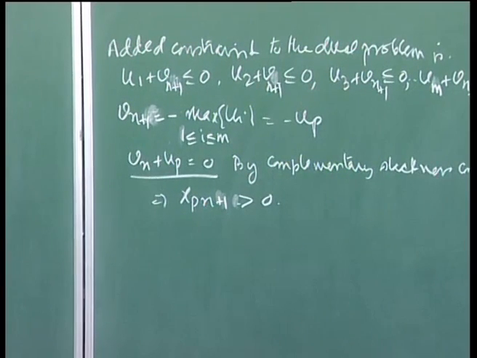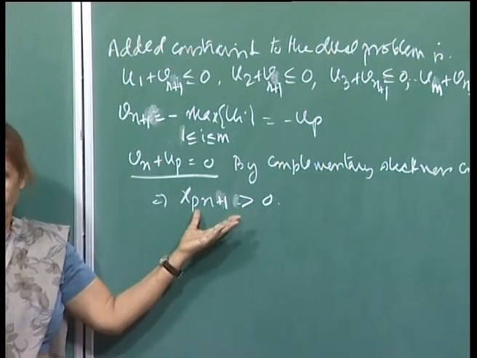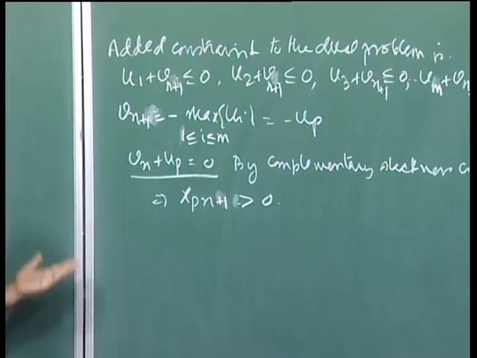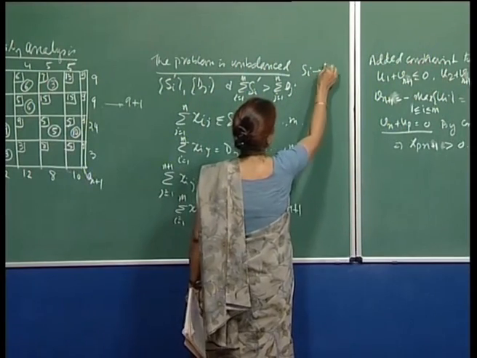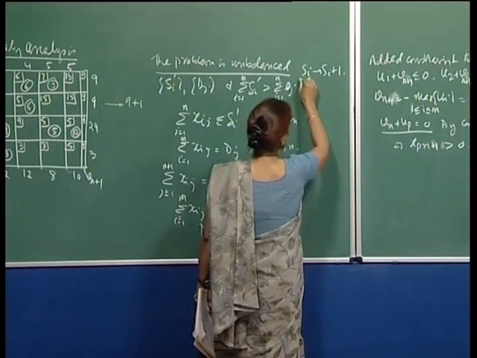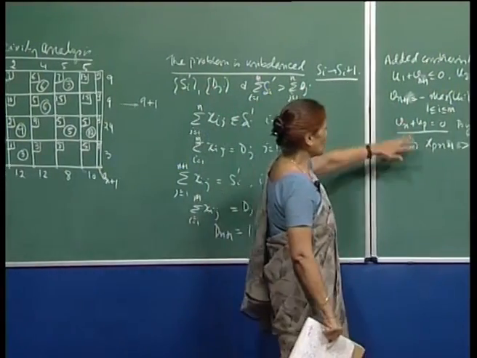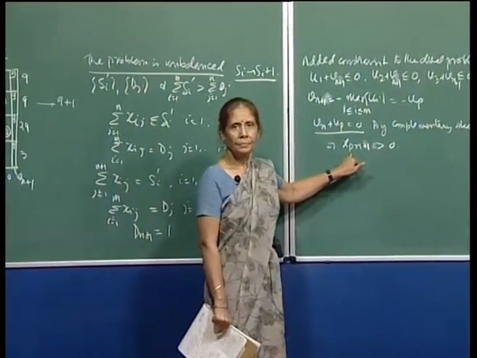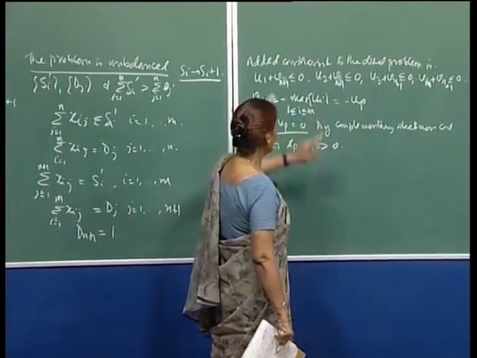That means the surplus will show in the pth row or the pth source. For example, here we were saying that if S_i has gone up to S_i plus 1, this was our mandate, then the surplus will show at this pth source, and p corresponds to this number here.